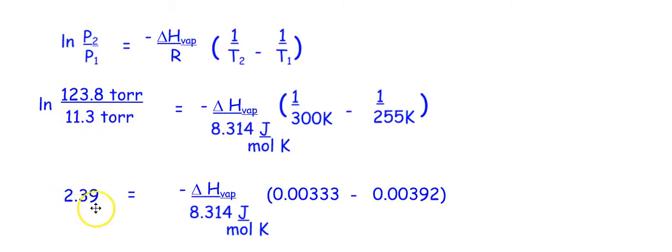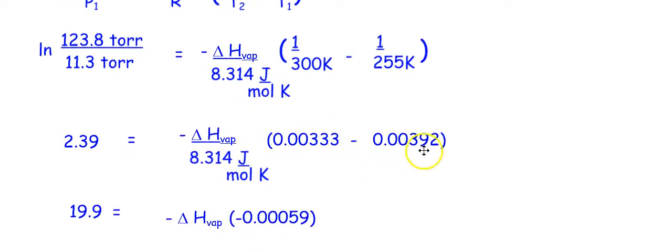When I did this number, I got 2.39 is equal to, I didn't do anything here. I converted these into decimals. And then in my next step, I subtracted these two, and that's where this number comes from. And then I multiplied both sides by 8.314, and that's where this came from, okay?